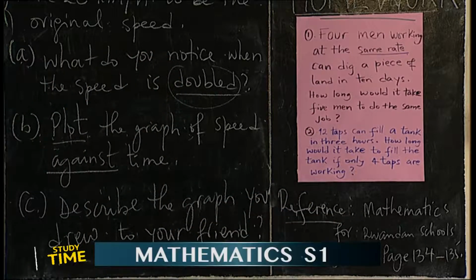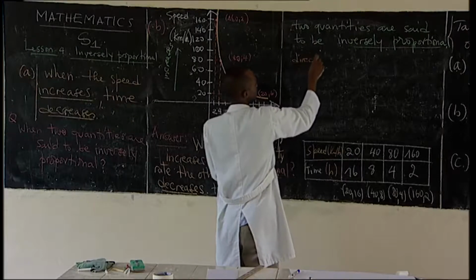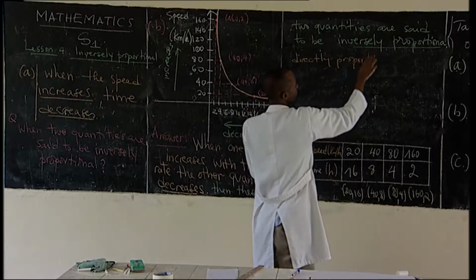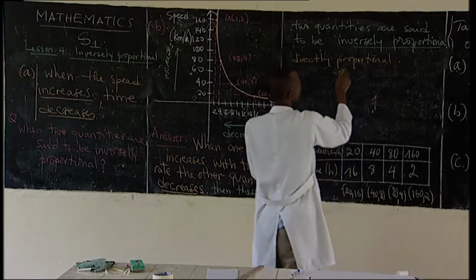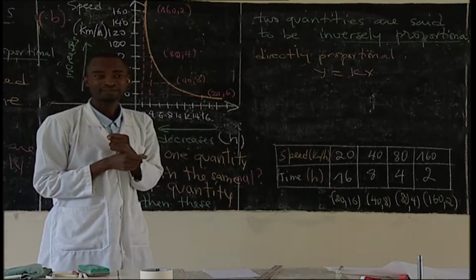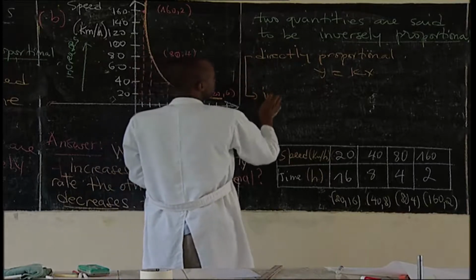I want to give you the last formula about this. As you remember, we've said directly proportional is when y equals k times x. Do you remember this? From direct proportional, we go to inversely proportional.